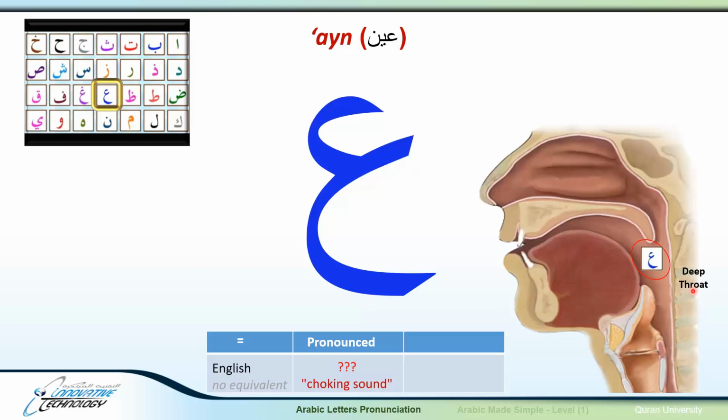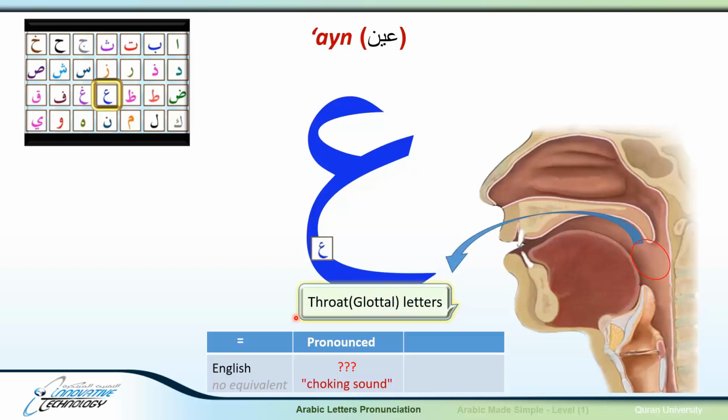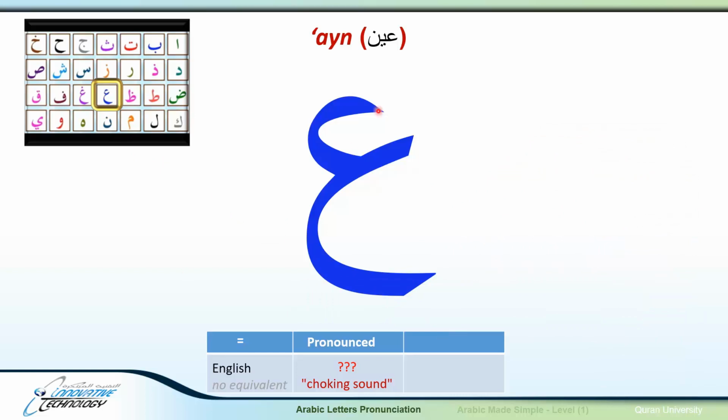Ayn comes from the deep throat. It is a throat letter. It is named Ayn, which means literally eye in Arabic. Both eye and ayn have a common origin linguistically.